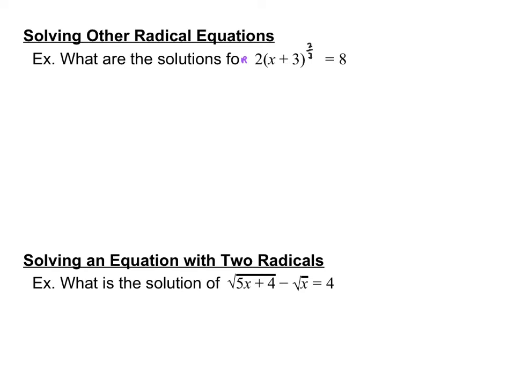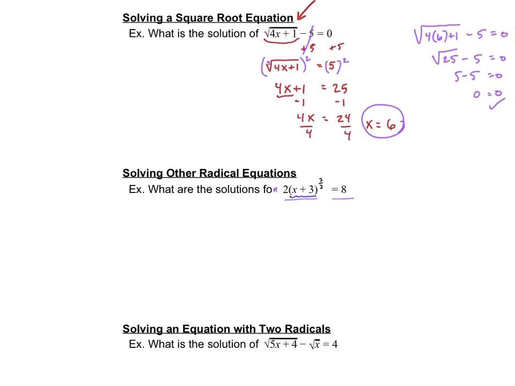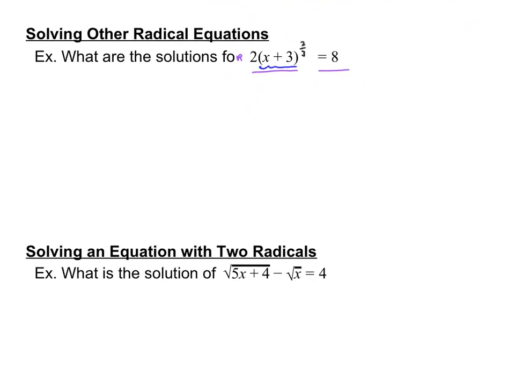And as before, what we are going to do here is try to isolate our variable first. So we're going to isolate that grouping symbol that the variable is in, the parentheses. And in order to get that by itself, we can divide everything by 2.